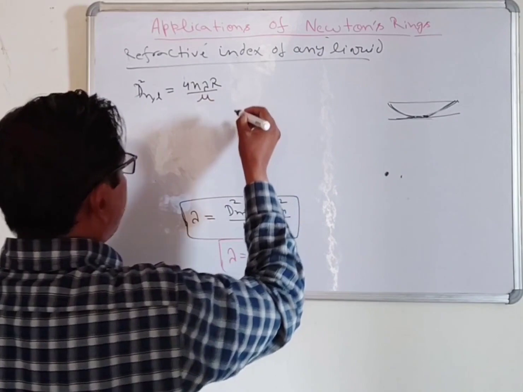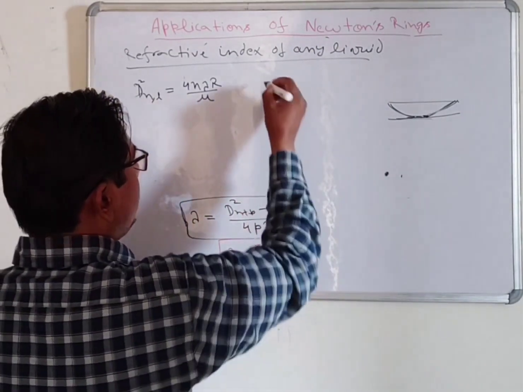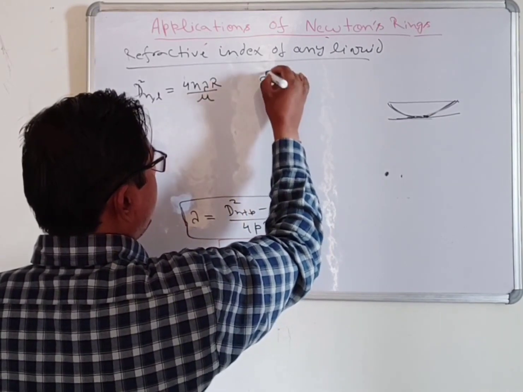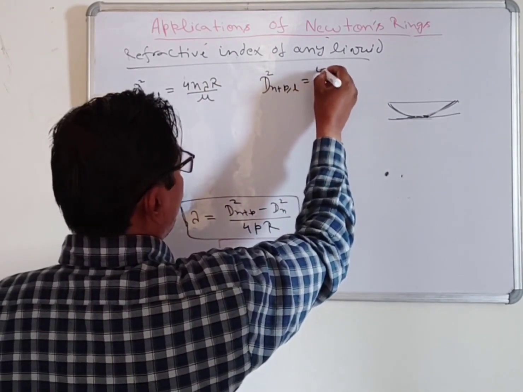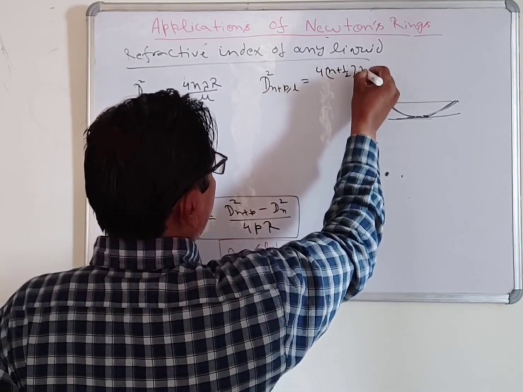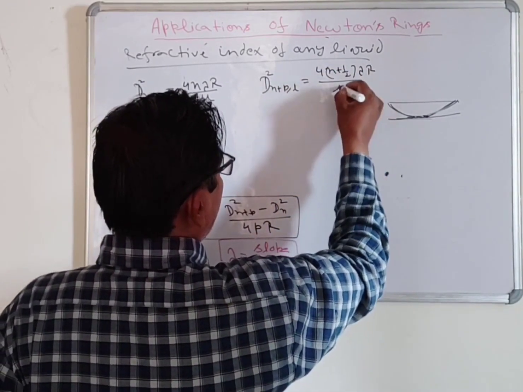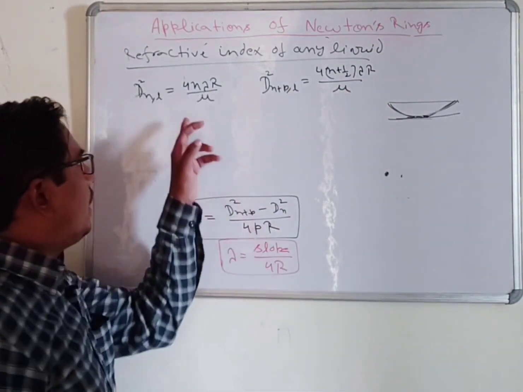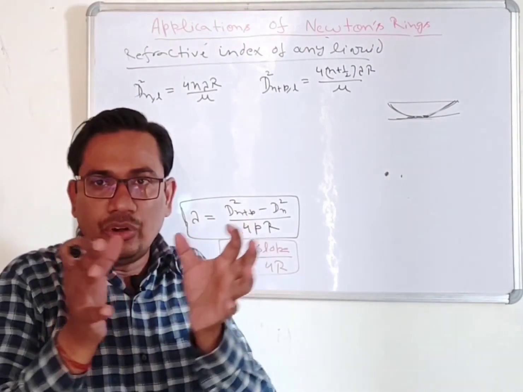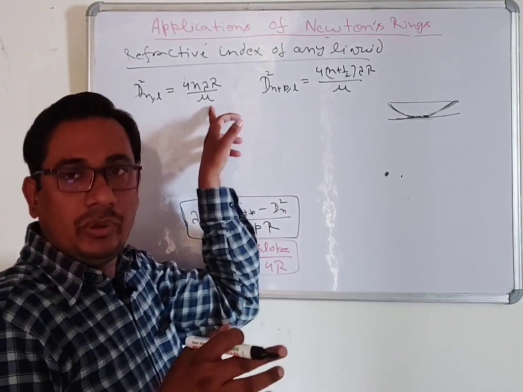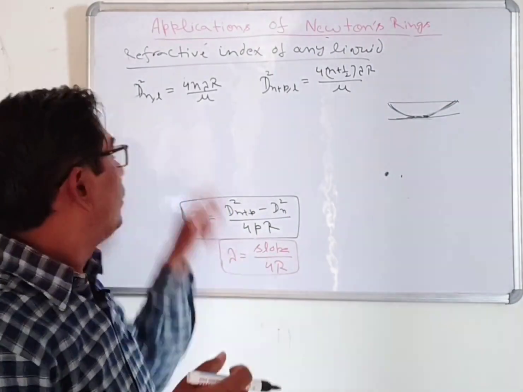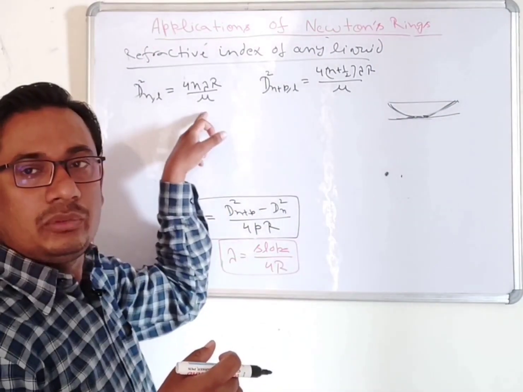And you can also write, for the (n+p)th ring, d_(n+p)L square equals 4(n+p) lambda R divided by mu. And what will happen when you use a liquid? You will see that the diameter will be reduced by a factor of 1 by root mu in comparison to the air film. You can see here, because the diameter square is inversely proportional to mu.